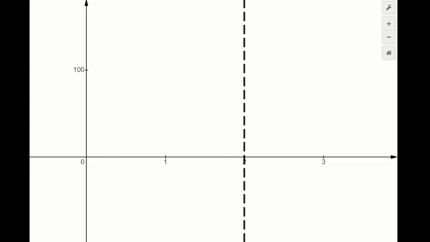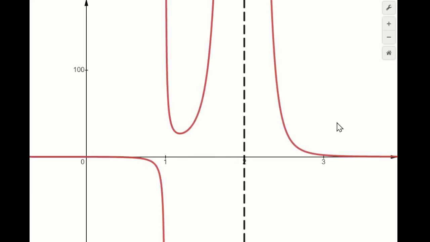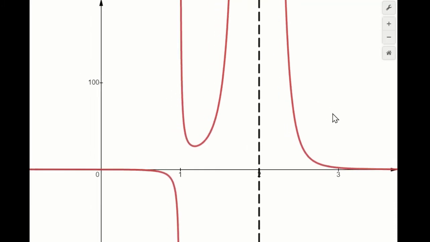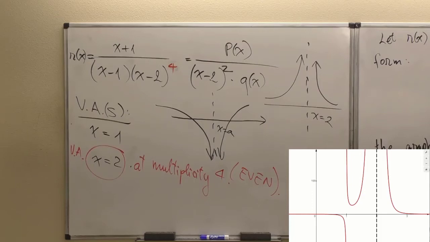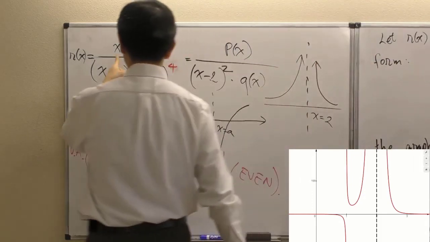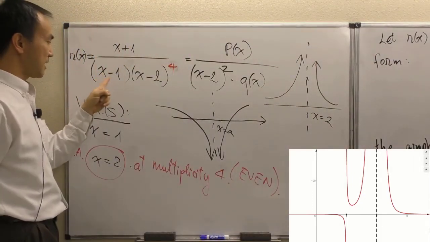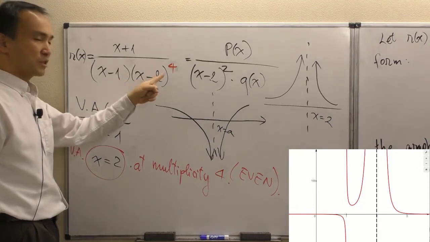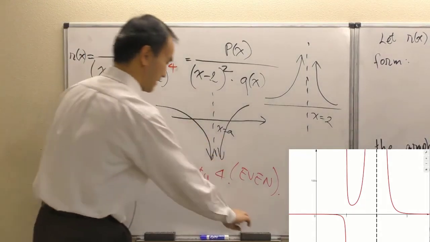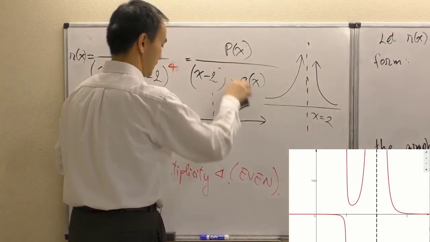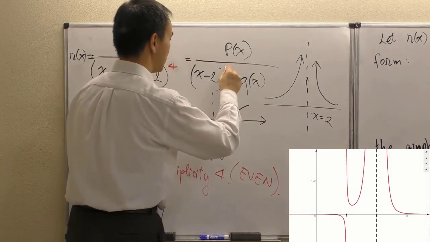All right, so now I'm changing this to power 4. So this is now the graph of our function, x plus 1 all over x minus 1 times x minus 2 to the 4th power.